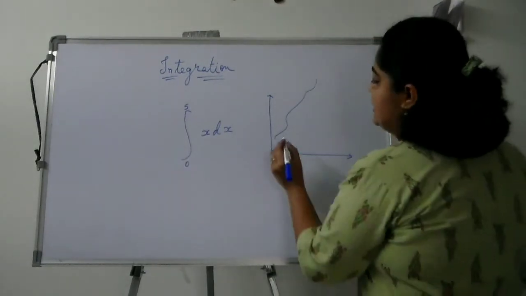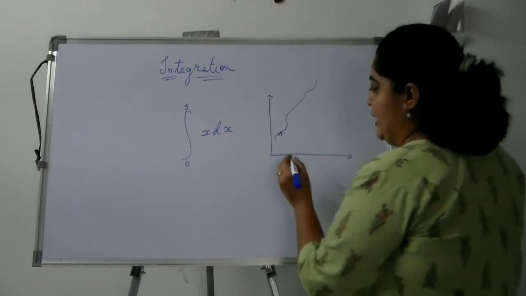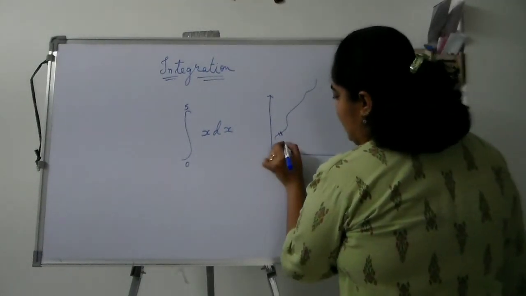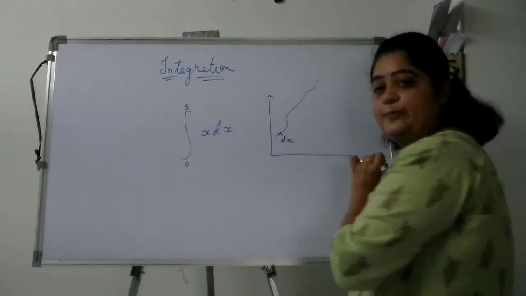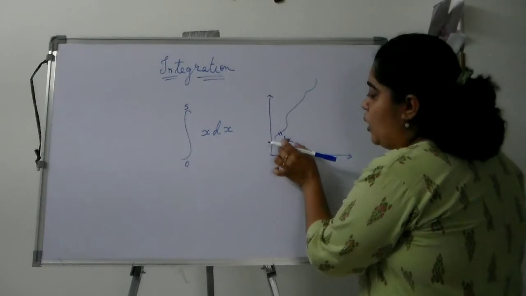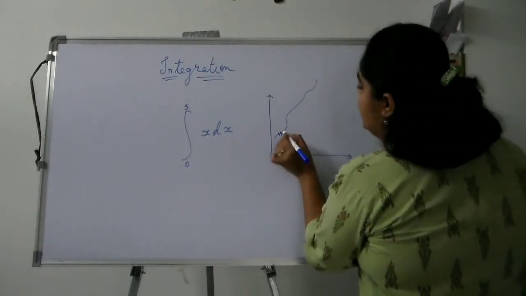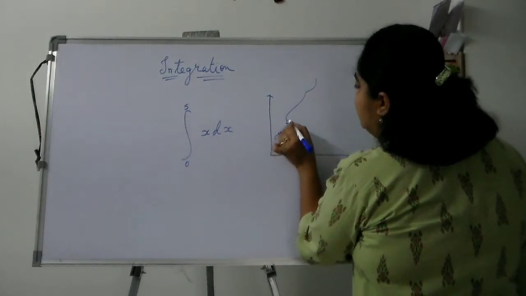So what I am doing is taking one small part, and this small part I am calling dx. So I am just doing the summation of little dx's.